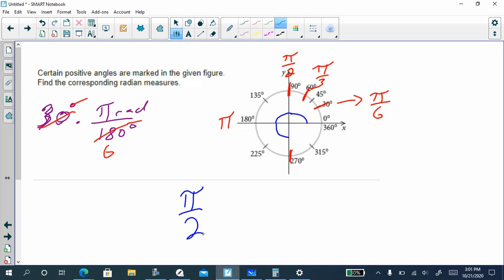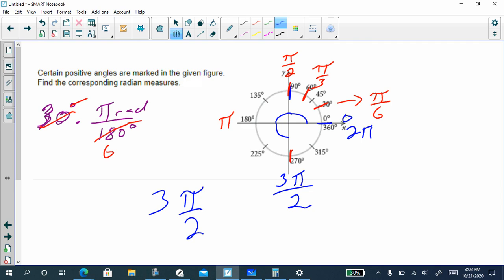If 90 is pi over 2, 270 is 3 of those. 3 pi's over 2. 270 is just that rotation 3 times. Now, 360, if we go all the way around, that's 2 pi radians. 0 degrees, if you don't rotate any, that's 0 radians.